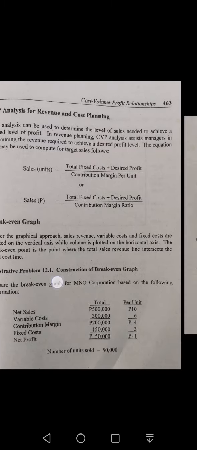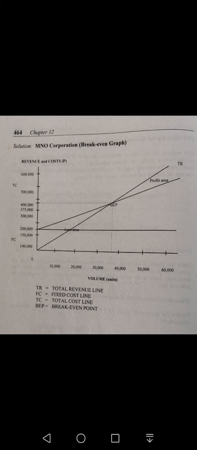Let's proceed to the graph. You can see in the graph the TR, total revenue line, the FC fixed cost line, and the TC total cost line, and the BEP, which is at the center.